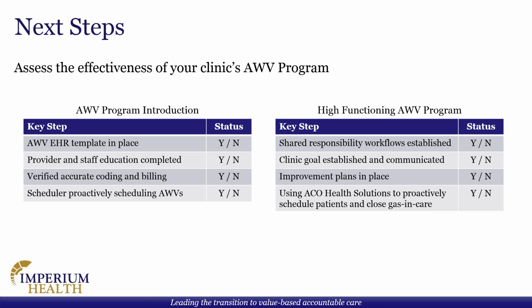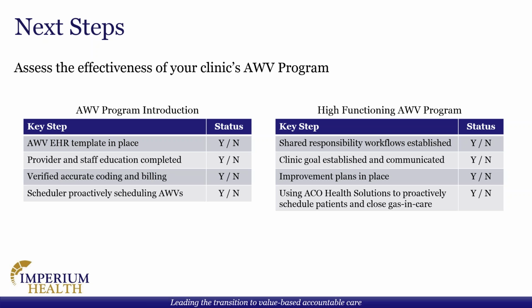Have we established goals for ourselves? Again, if our goal is to get 80% done and we have 800 patients attributed to our practice, we might need to get 15 to 20 done every week. So knowing that we need to get 15 or 20 done every week, how can we make sure that we're setting those small goals up for ourselves so we can celebrate those small successes every step along the way?